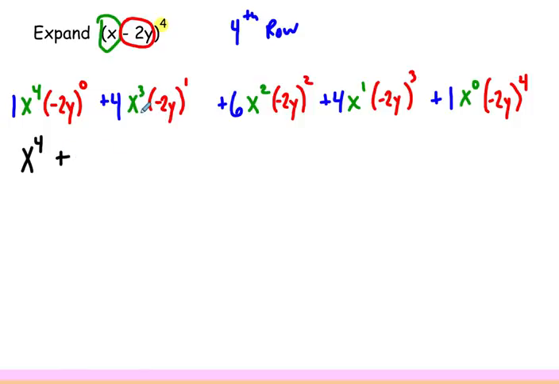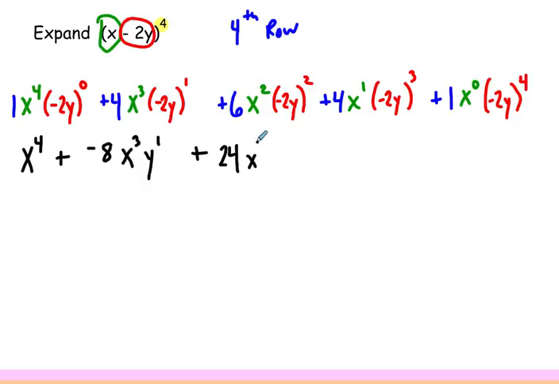Okay, next we've got negative 2 to the 1st power, which is a negative 2. And negative 2 times 4 is a negative 8. And then we have an x to the 3rd. And then we have a y to the 1st. Okay, next up, we've got a negative 2 squared, which is a positive 4. 4 times 6 is 24.